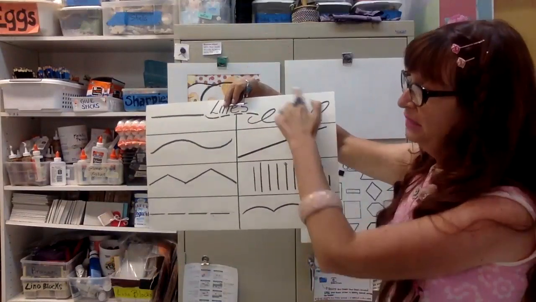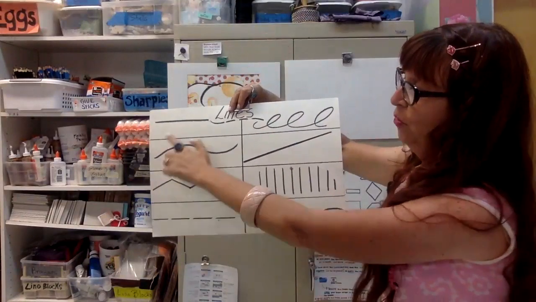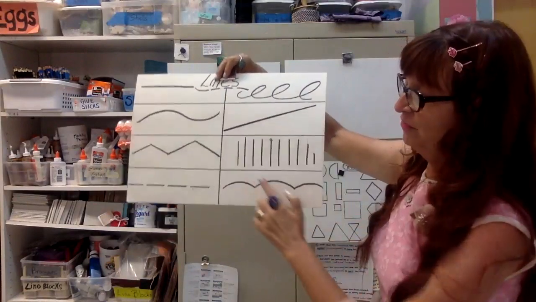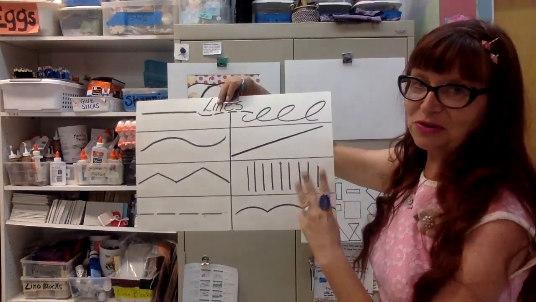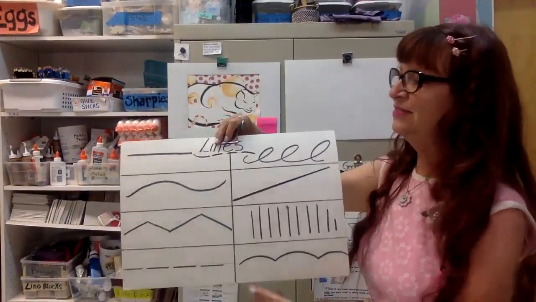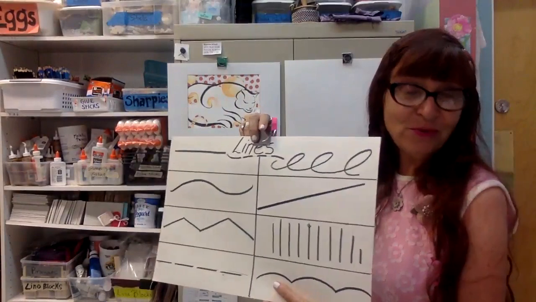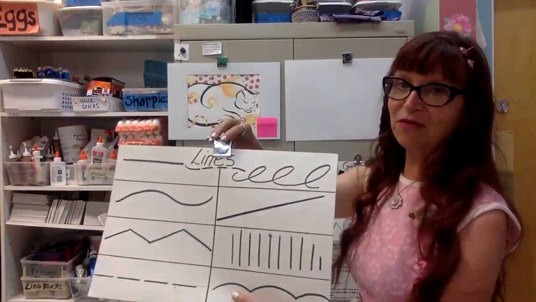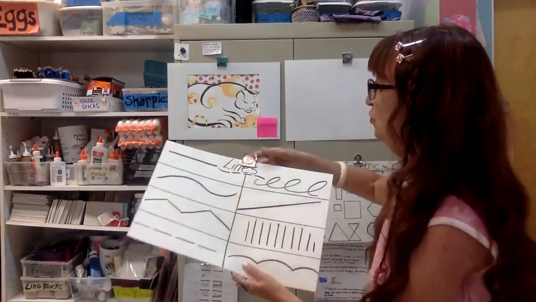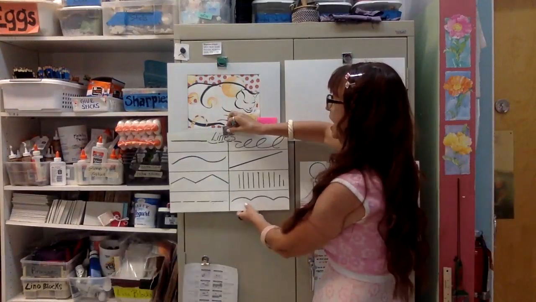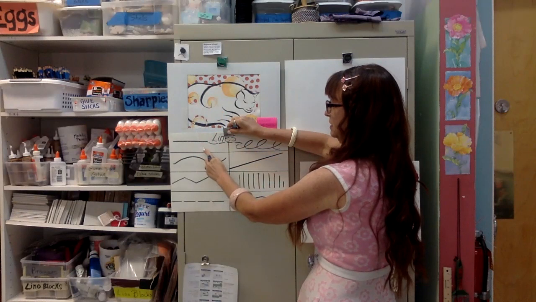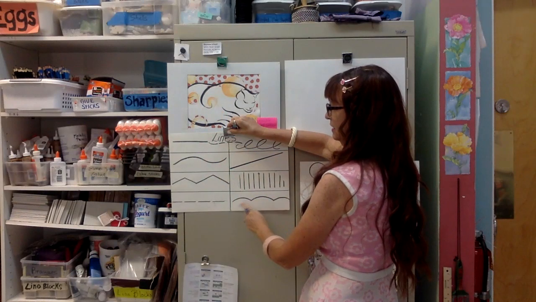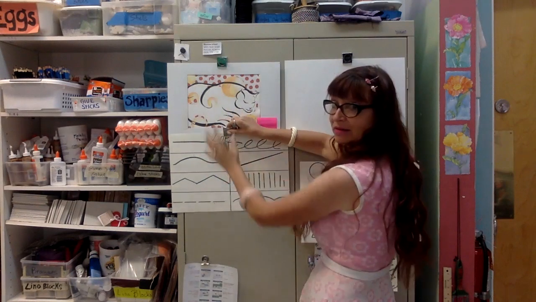Then we've got loopy lines, we have wavy lines, we have curved lines, and we have short lines that go straight up and down. There's all kinds of lines. These are just a few that I thought I would list out for you, okay? And you can maybe see some of the lines in the cat that I drew here in this cat composition.